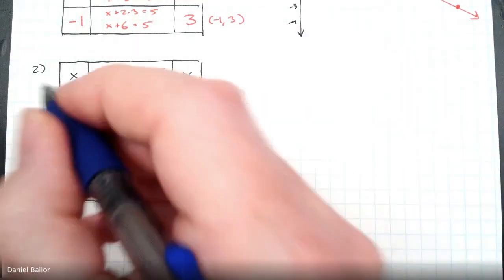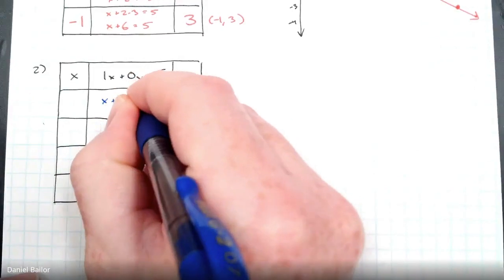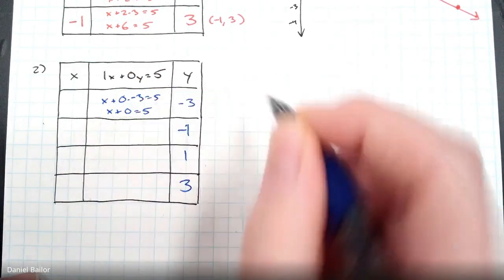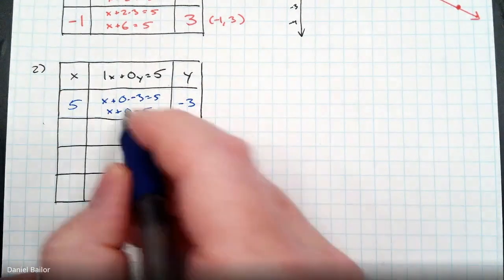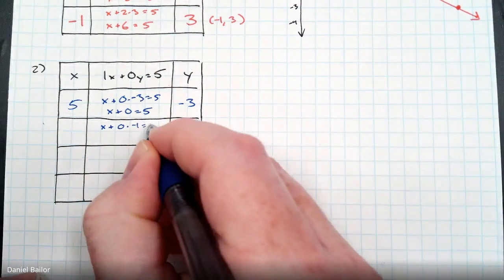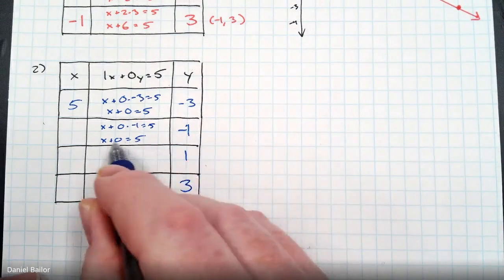Let's substitute. X plus 0 times -3 equals 5. That means x plus 0 equals 5. So x is going to be 5. This is x plus 0 times -1 equals 5. That's x plus 0 equals 5. So wait, x is 5 again.